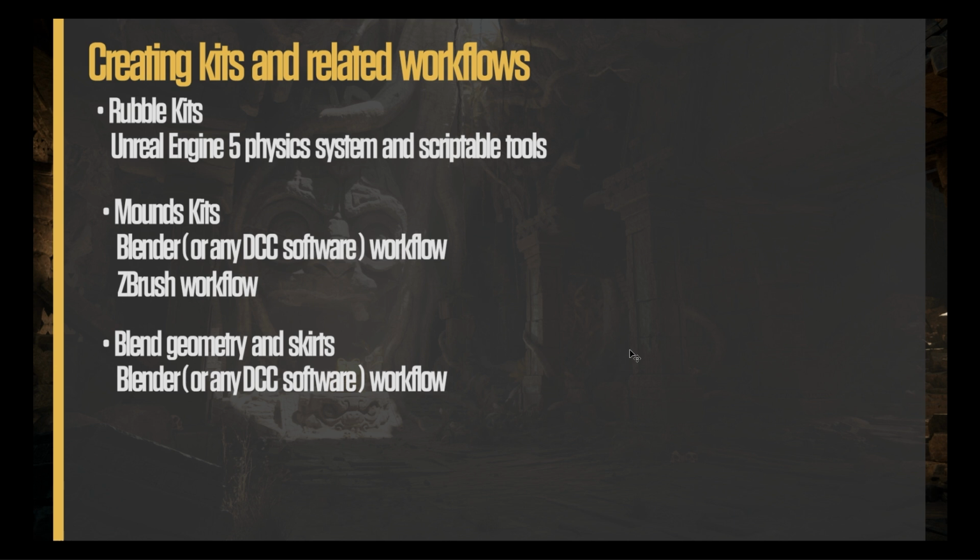So that is probably why I choose to do all my physics Rubble in Unreal. Plus I'm keeping everything in Unreal to avoid the back and forth between whichever DCC I'm using and moving back to Unreal, changing stuff, moving back and forth. So it's usually a lot easier for me creating my Rubble kits in Unreal, using their physics system.